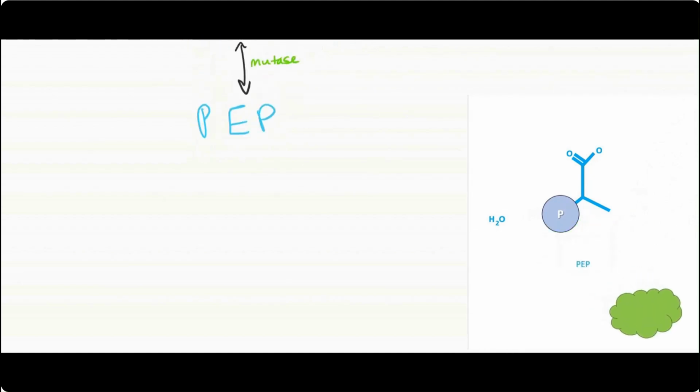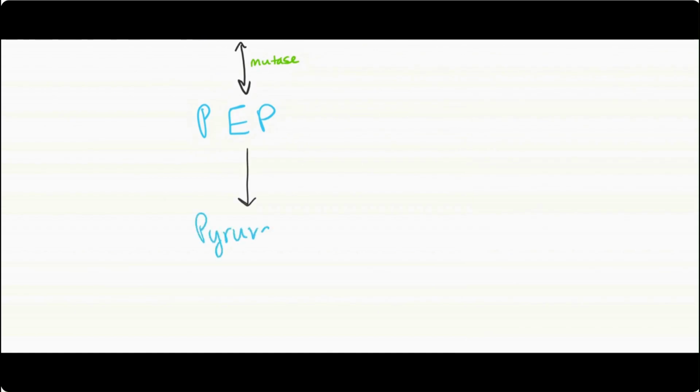And then we have our final step in glycolysis for this half of the triose, where PEP is converted into pyruvate, which is, again, a 3-carbon molecule. And this is important because this is a unidirectional reaction. So once we get to PEP, if pyruvate kinase, all right, so another kinase, if pyruvate kinase interacts with PEP, it will convert it into pyruvate, and that will only go in one direction.